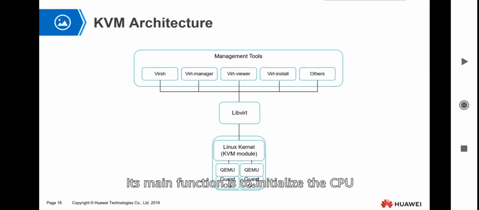Its main function is to initialize the CPU hardware into the virtualization mode, and then run the guest machine in this virtual machine mode, providing some support for the virtual client's operation. It does not have any simulation features in its own right.